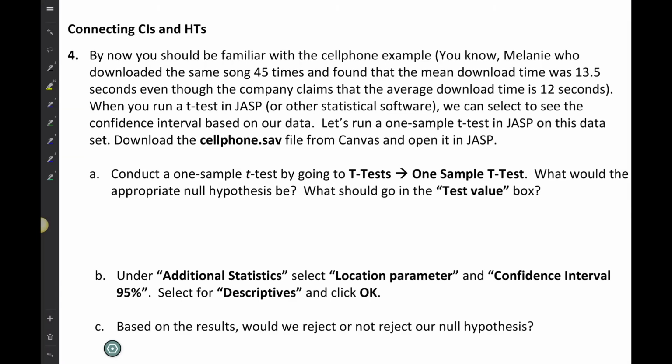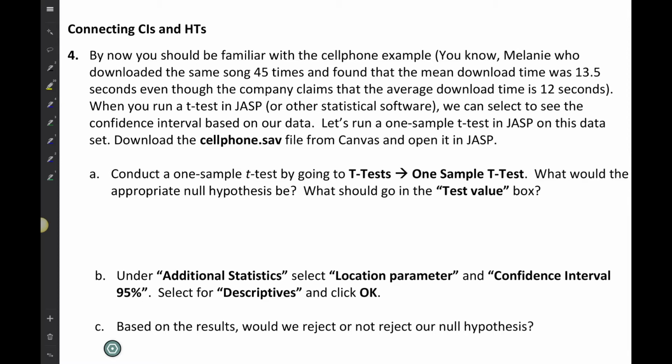So to refresh your memory, Melanie wanted to test her cell phone company's ad, claiming that it takes 12 seconds on average to download a typical song from iTunes, back when iTunes was a thing. So to test this claim, Melanie downloaded the same song 45 times from different locations around Los Angeles.